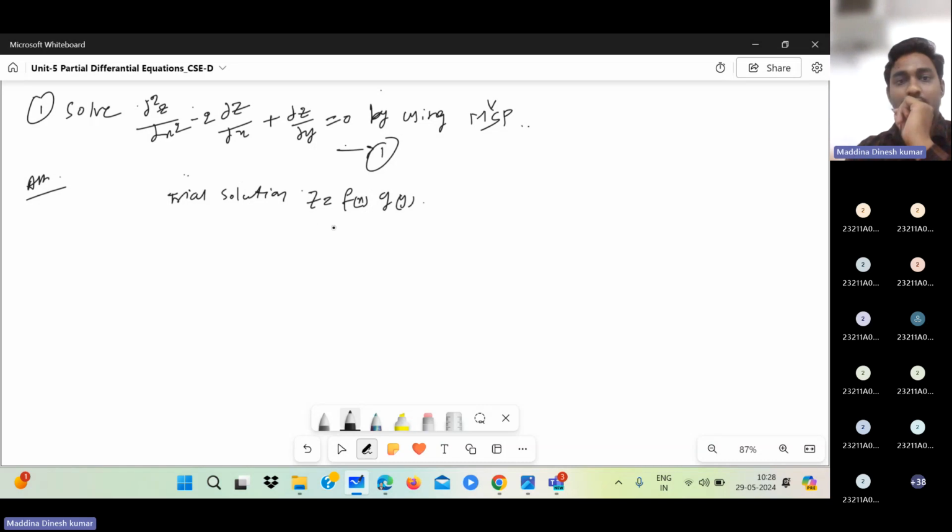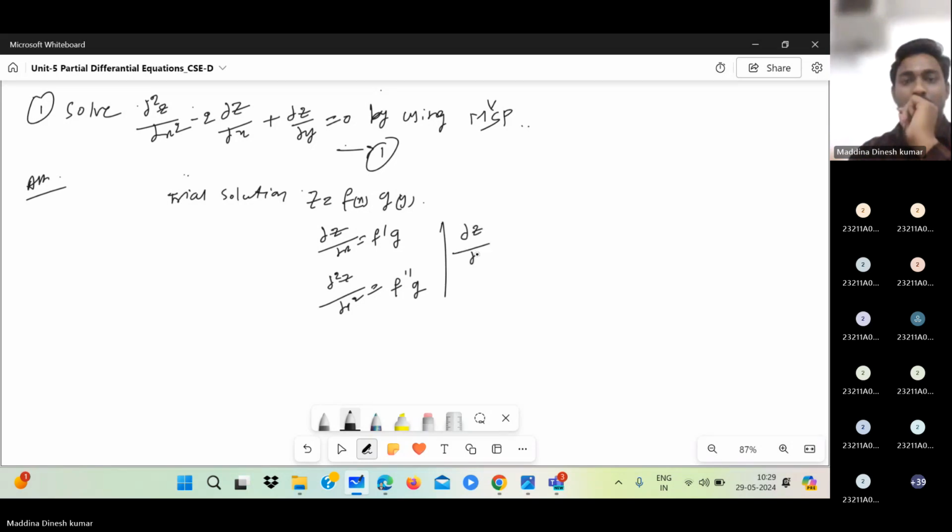Okay. So here del z by del x means we will get f dash of x times g of y. Again, del square z by del x square means f double dash of x times g of y. And del z by del y means you will get f g dash.